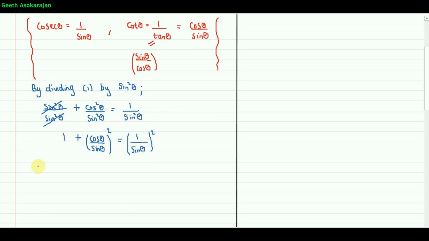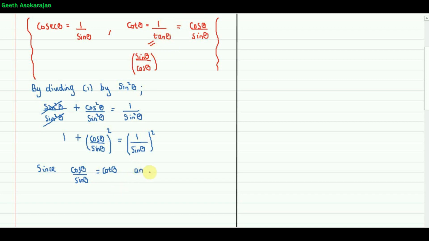Now let me make the point that I made earlier. Since cos theta over sine theta is equal to cot theta, I went through that point earlier in red.